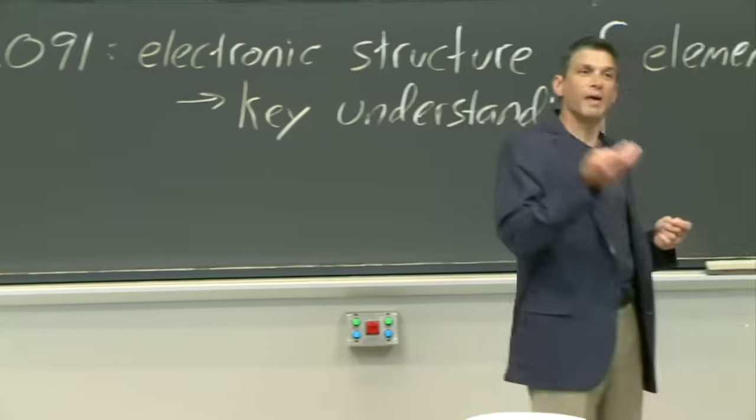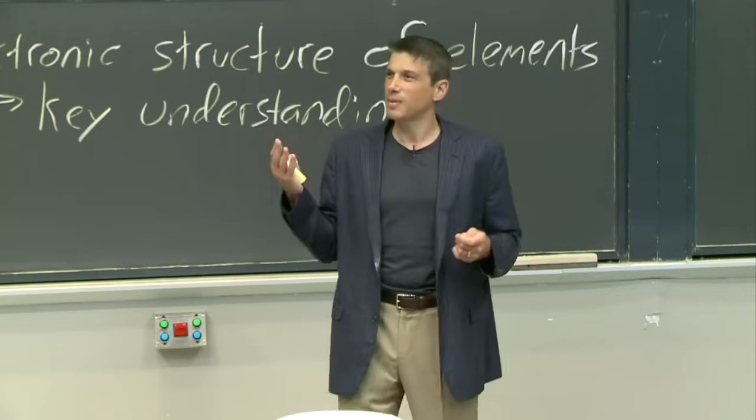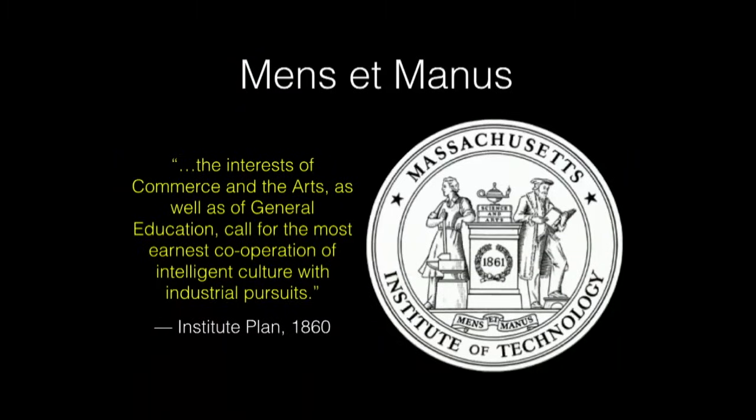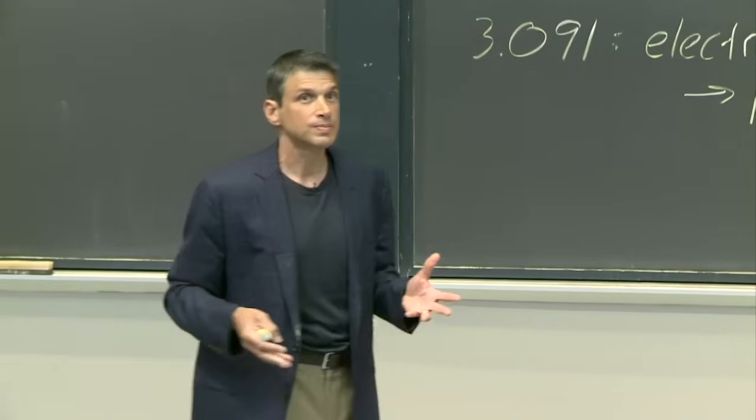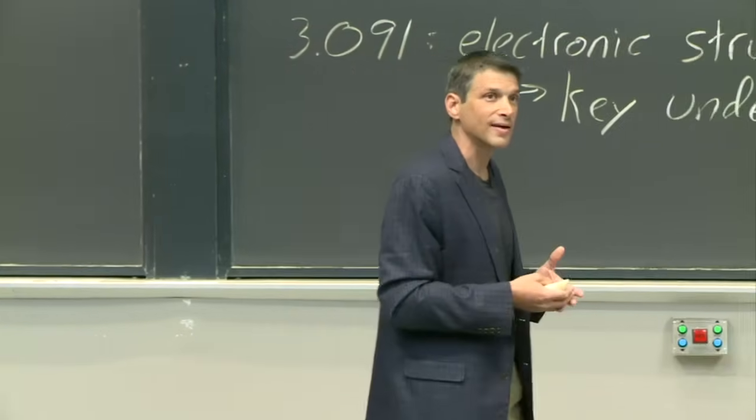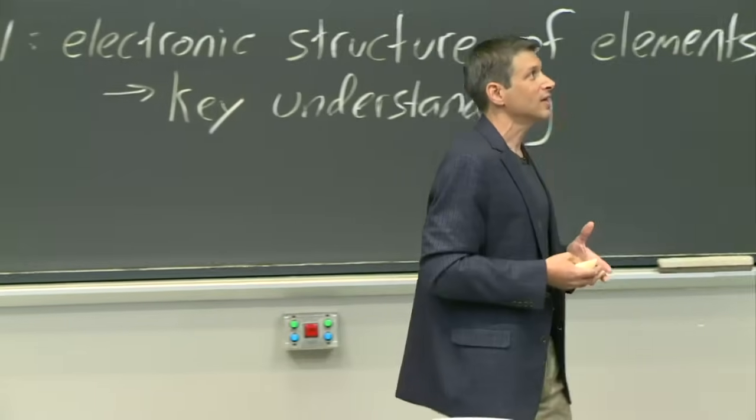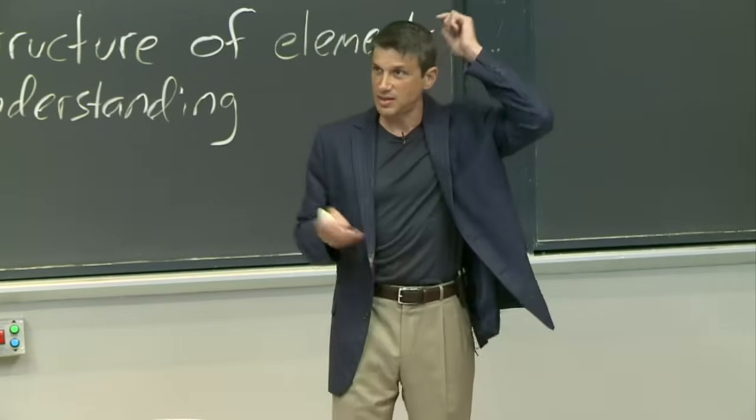Now, I said the soul of MIT. What do I mean? This goes all the way back to before MIT was born, 1850s. You got a group of really smart people getting together and meeting and saying, okay, we're going to start up a new university. What should we do? And they wrote out a plan, called the Institute Plan. That makes sense, 1860.